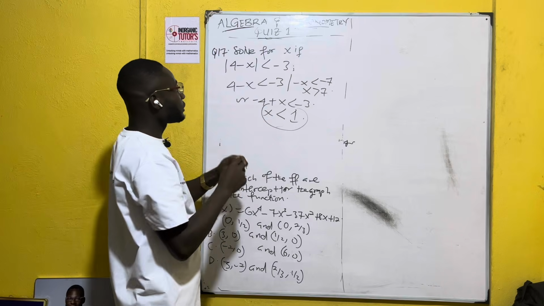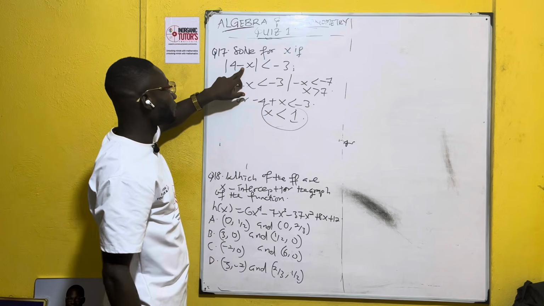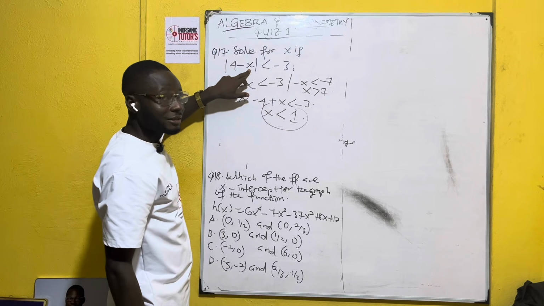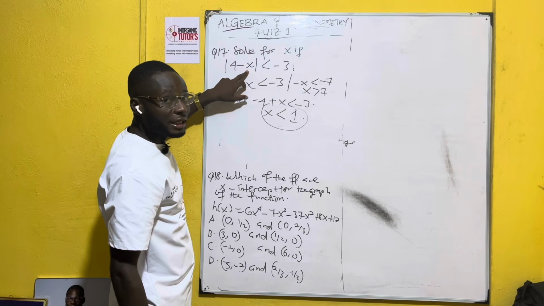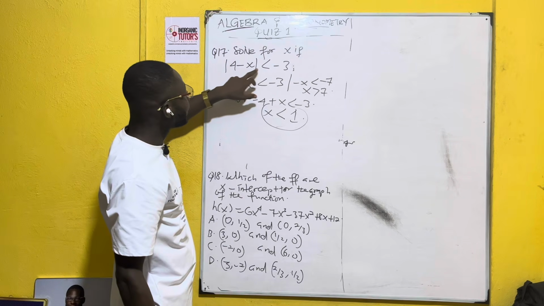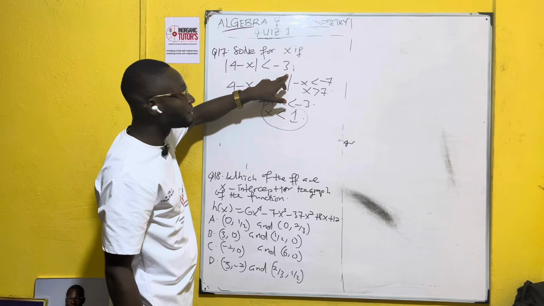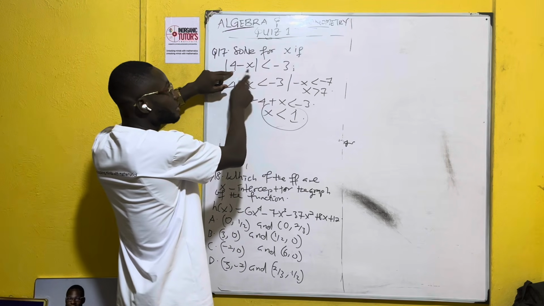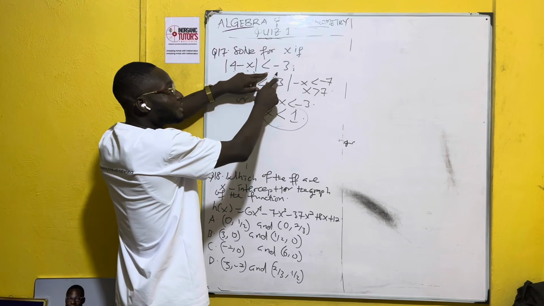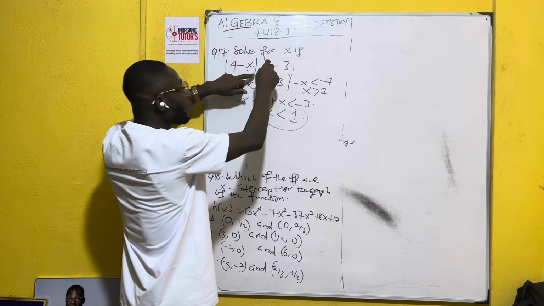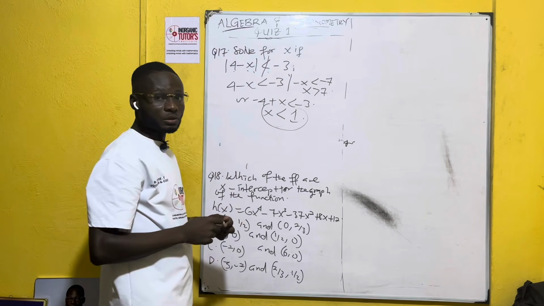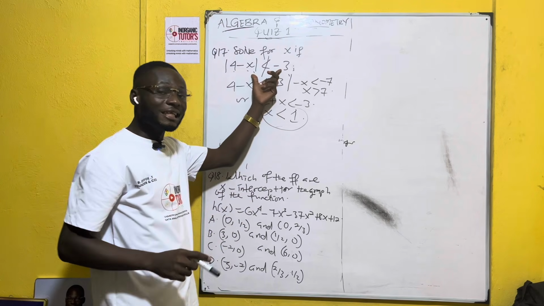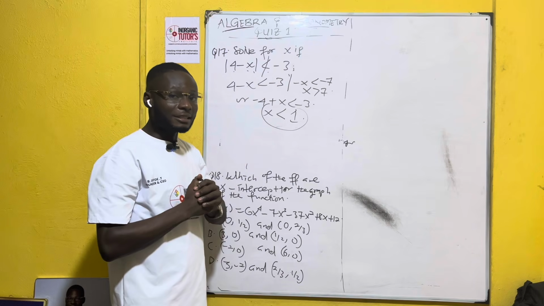Substitute 1 here. You're going to have 4 minus 1, which is 3. Absolute of 3 is 3, and 3 is never less than -3. So already this condition does not hold. This problem is indirectly an empty set.